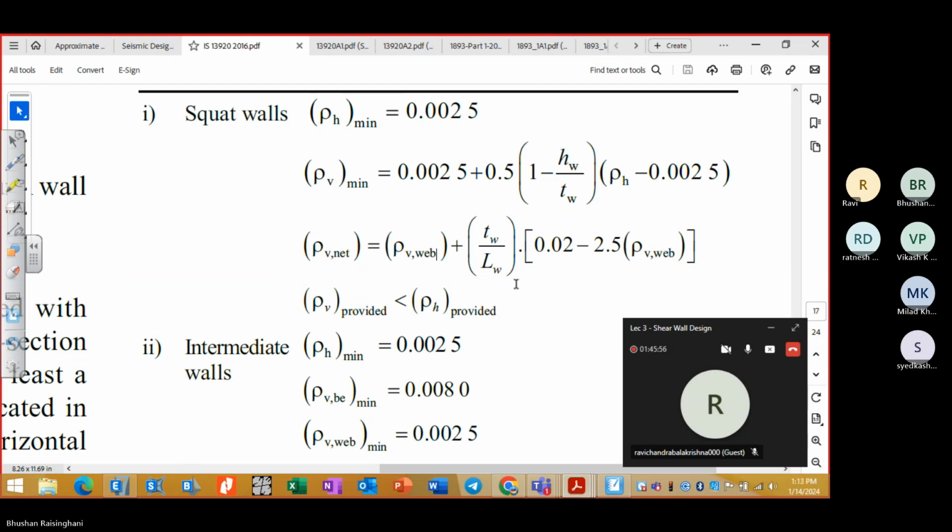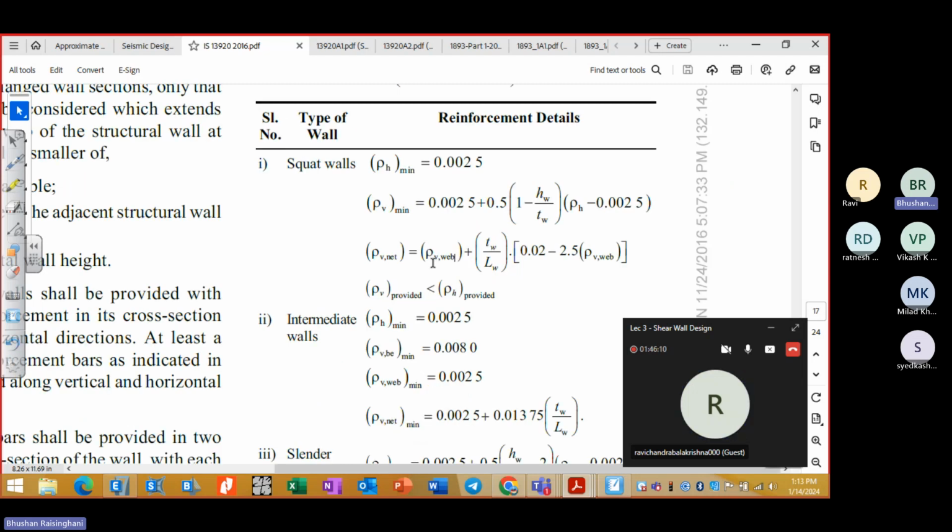Anything? No, sir, we don't know that actually. Yeah, so nowhere is it mentioned, but if we refer to the ACI code, we will be able to find it.